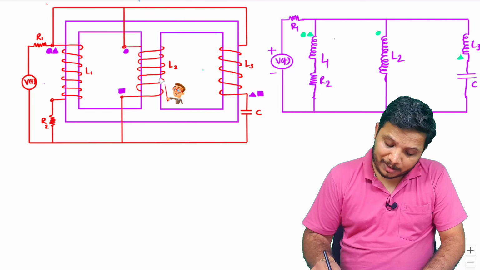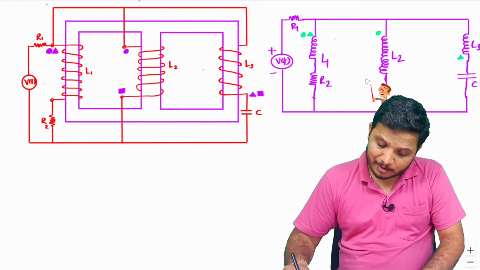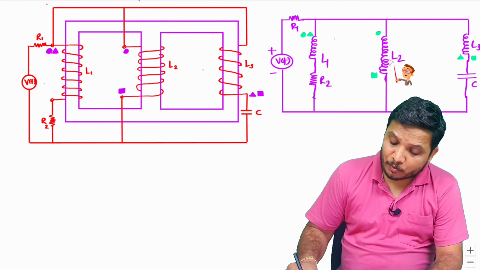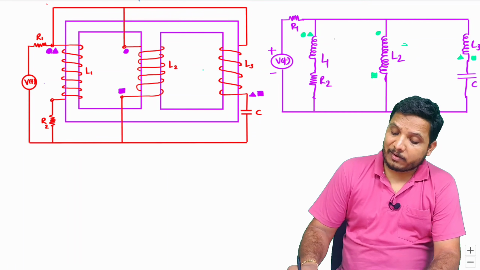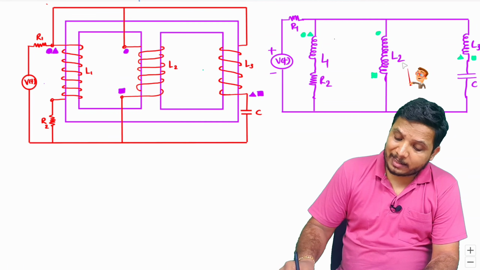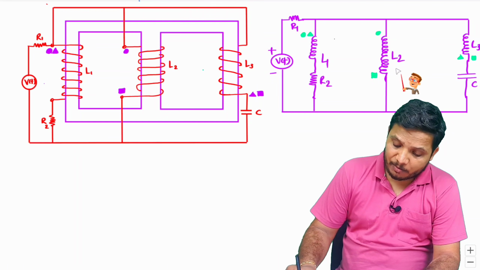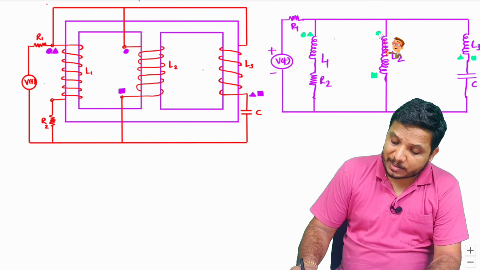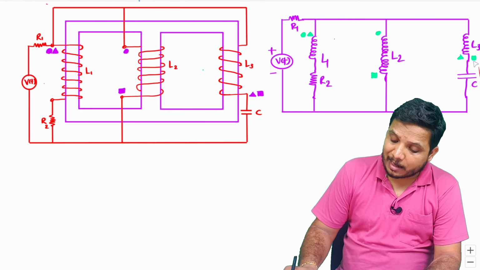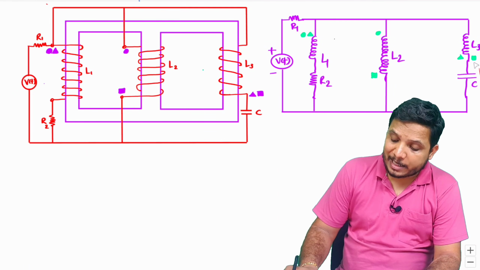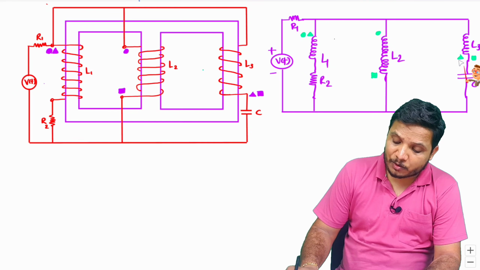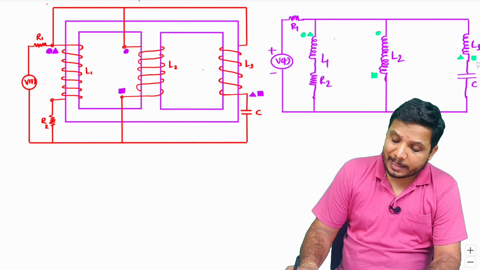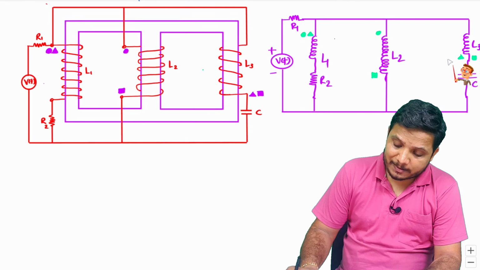In between L2 and L3 we have a square. So by using this sign convention, our agenda is to identify KVL equations. Based on this dot convention, I will be able to place induced EMF. Now I will show you how we can place induced EMF by this.